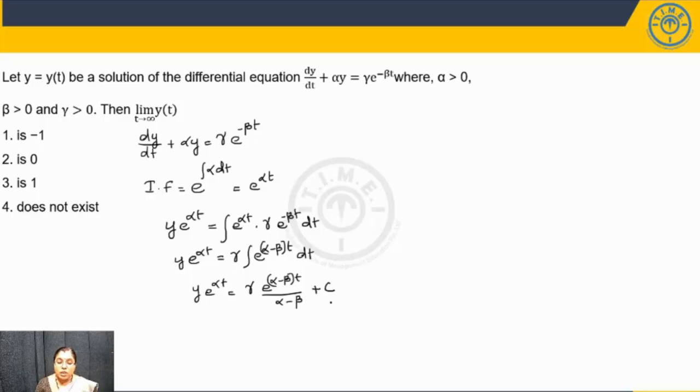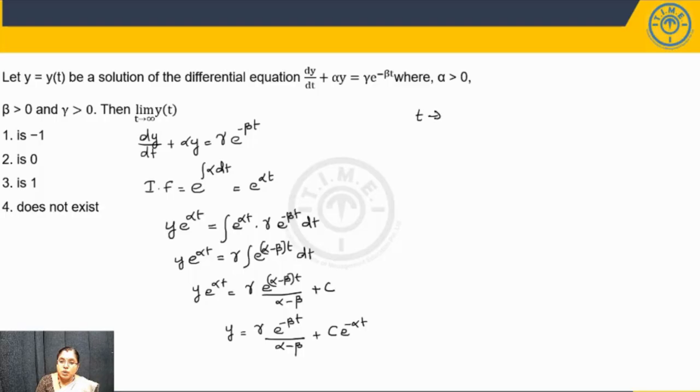Now let's divide the whole equation by e raised to alpha t. So we get y is equal to gamma into e raised to minus beta t divided by (alpha minus beta) plus c into e raised to minus alpha t. Now we are given that we have to find out limit t tends to infinity y of t. So already we got y of t. Now we have to somehow find the value of y of t as t tends to infinity.